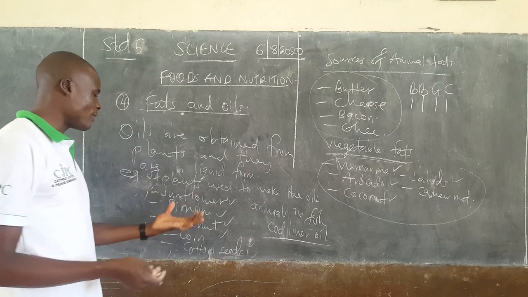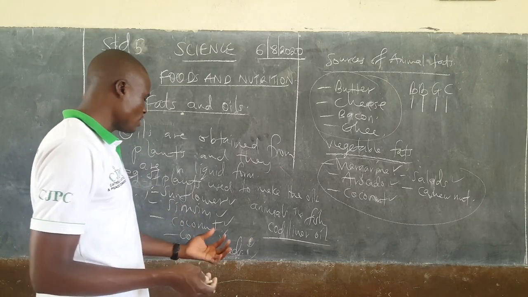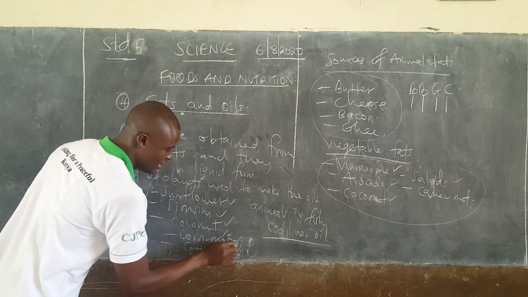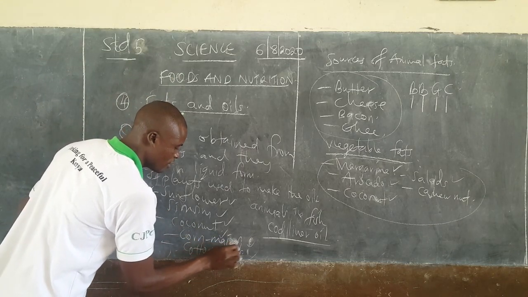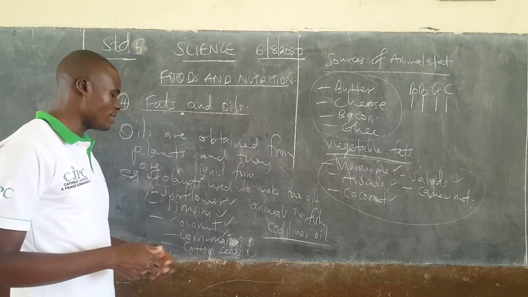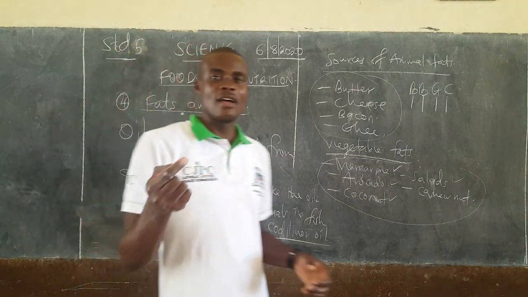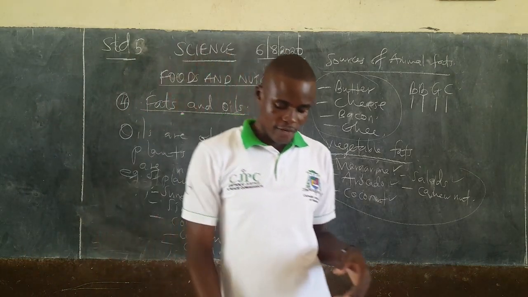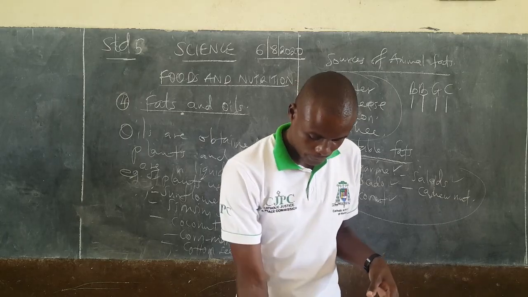We have the sunflower, simsim, coconut, corn. Corn is just maize. Another name for corn is maize, so don't let it give you any trouble. The maize seeds there, we can extract oil from them. That is why we give it that name, corn.